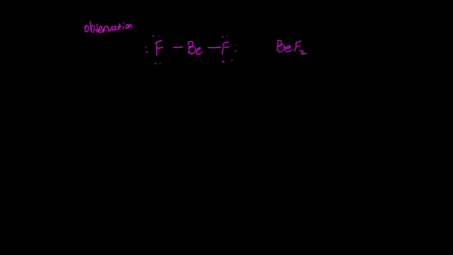Okay? And the idea is that this fluorine has a whole bunch of electrons, this fluorine has a whole bunch of electrons. Technically, it's these electrons that make up the bond and these electrons that make up a bond that want to position themselves as far away as possible on opposite sides of the beryllium atom, giving you an angle of 180 degrees. Okay, so that in a nutshell is valence shell electron pair repulsion theory.